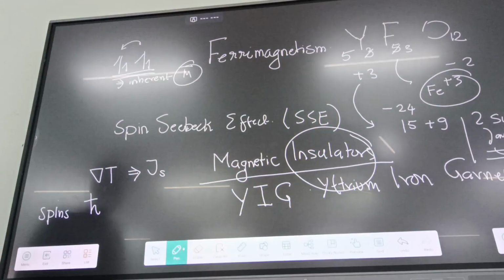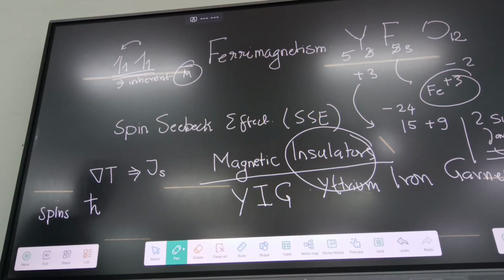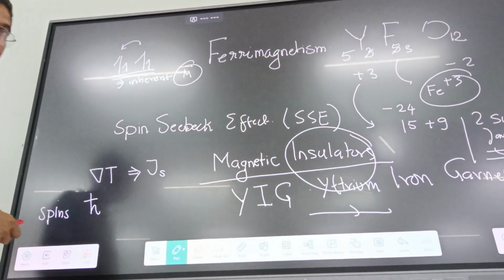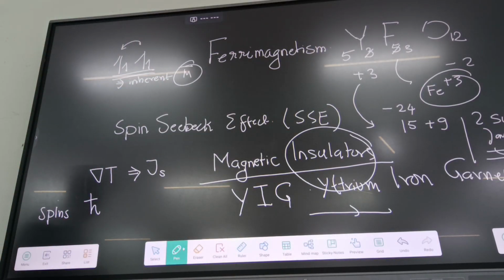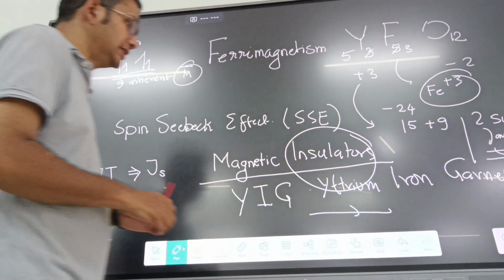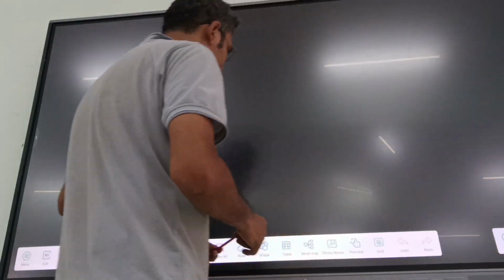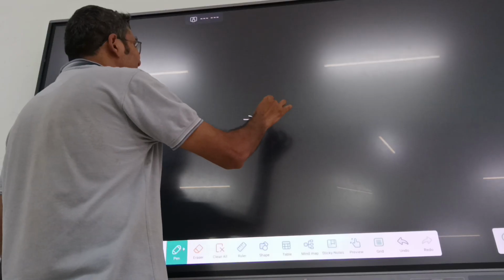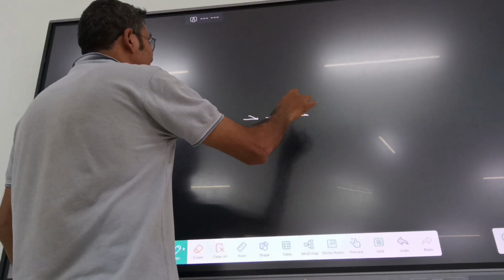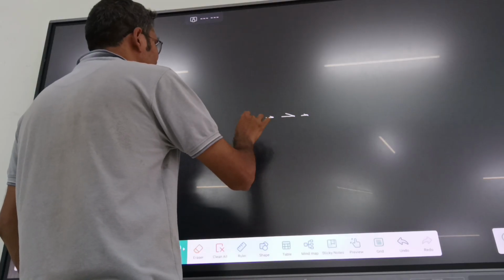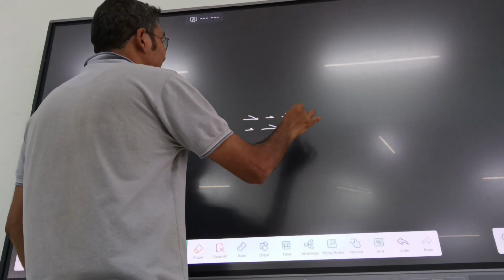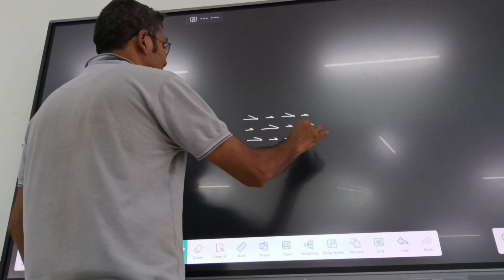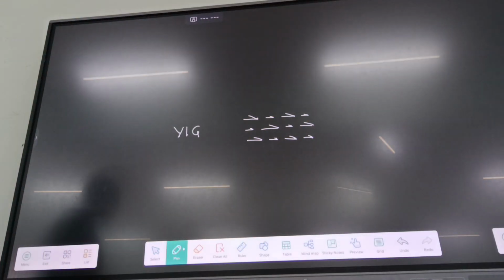Magnetic कहा जाता है because it has spin, and insulator इसलिए कहा जाता है because there is no flow of electron. ठीक है, तो इसीलिए in YIG, okay, this represents a ferrimagnet.